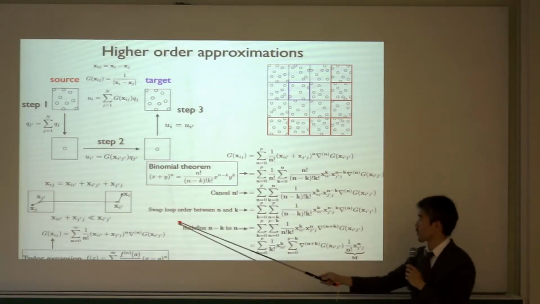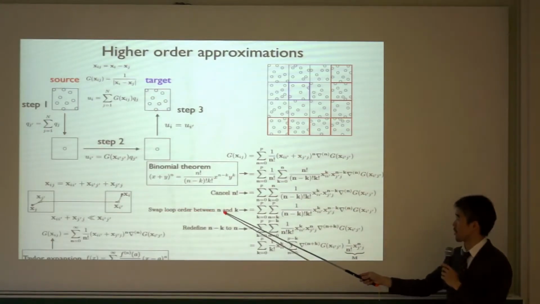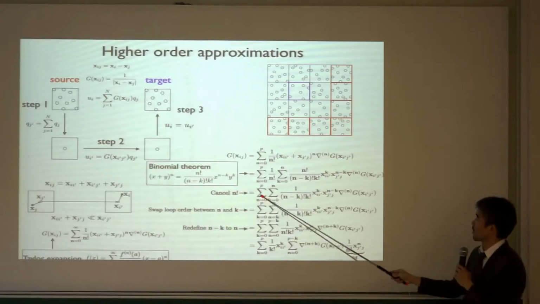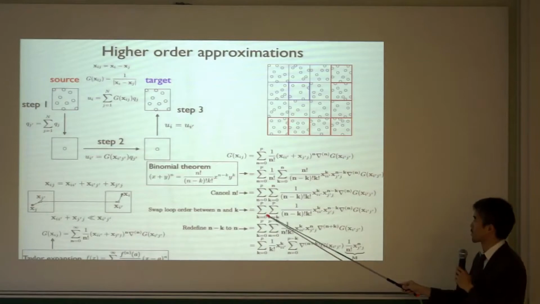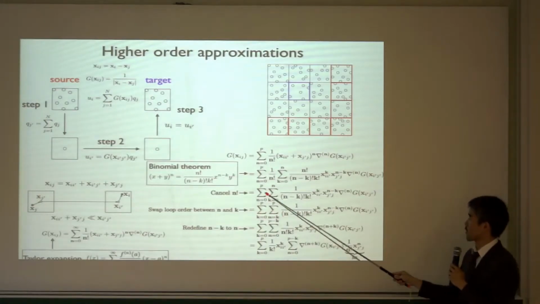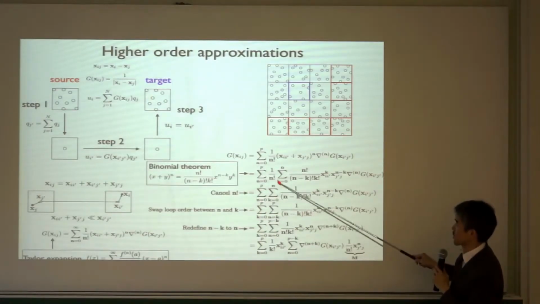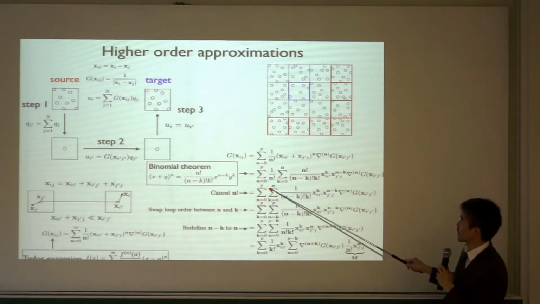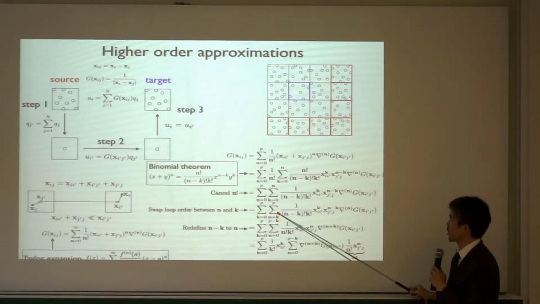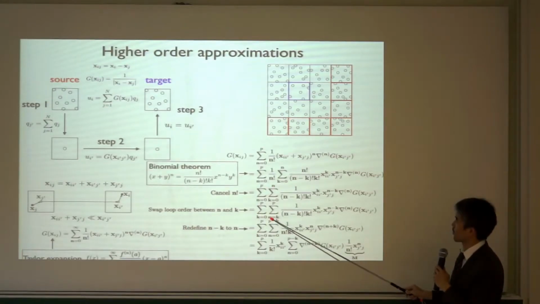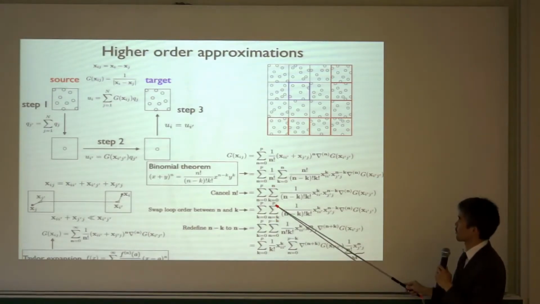The next step, we swap the loop order between n and k. Here, we had the summation over n, but now we switched the order in which we do the summation, which has an effect on this because we were summing up to n here. So we need to change the limit from n to going to p.